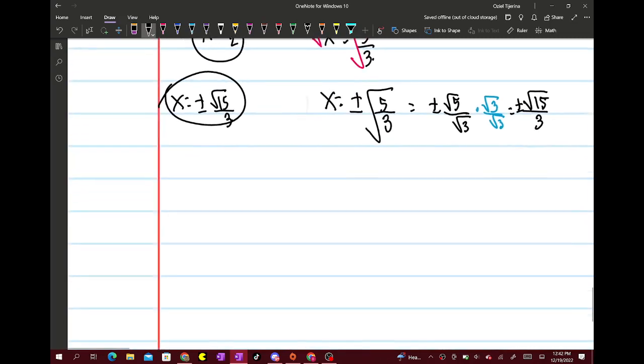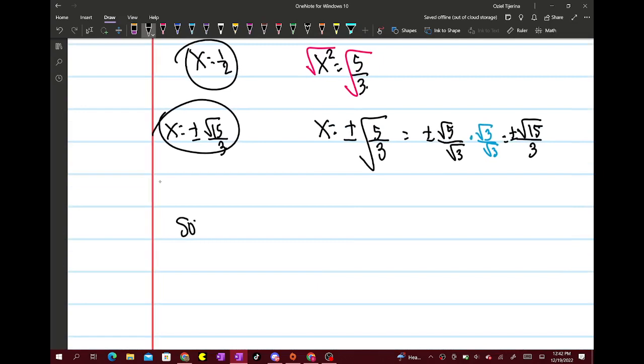So the solutions would be x equals 1/2, x equals the square root of 15 over 3, and x equals negative square root of 15 over 3. Okay?